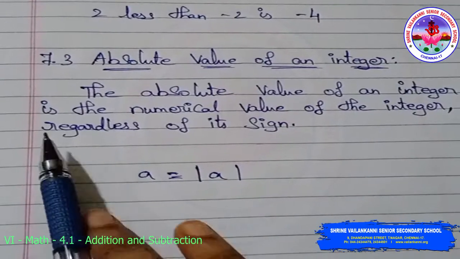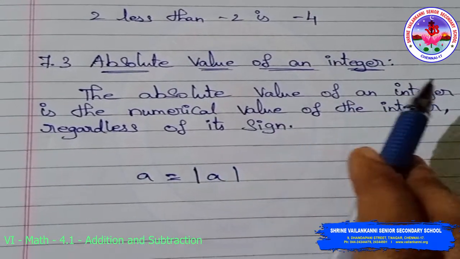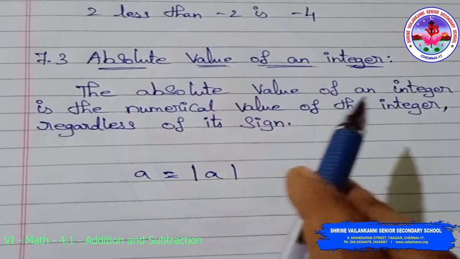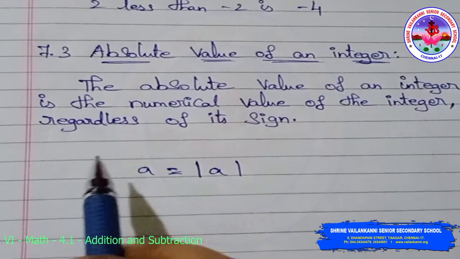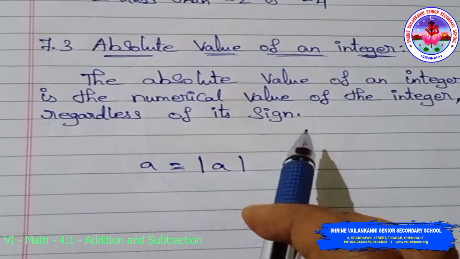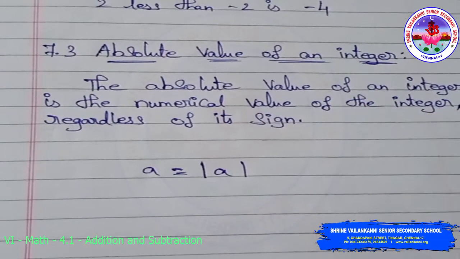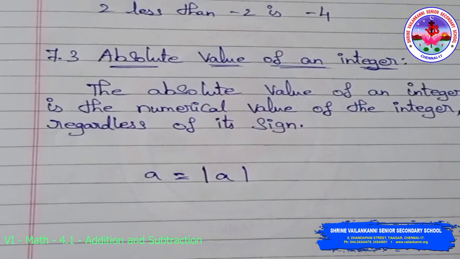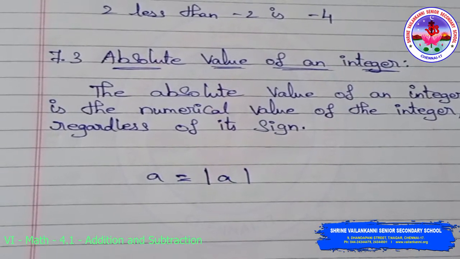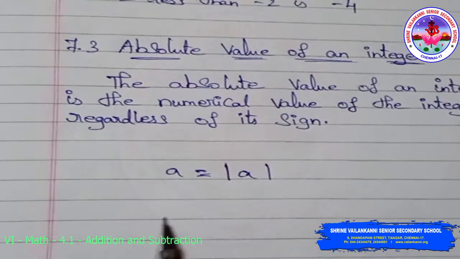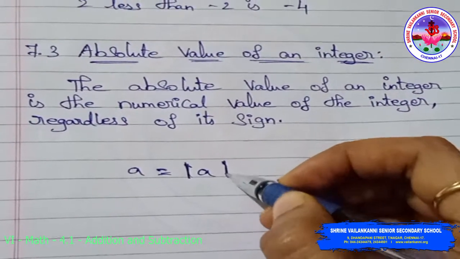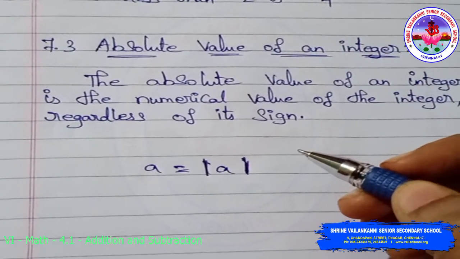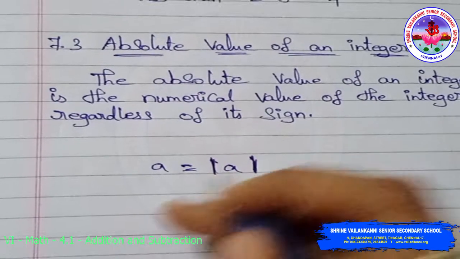Topic is 7.3, absolute value of an integer. The absolute value of an integer is the numerical value of the integer regardless of its sign. When you read a negative or positive integer without its sign, that is the absolute value of the integer. It is indicated by two vertical lines, one on either side of the integer.